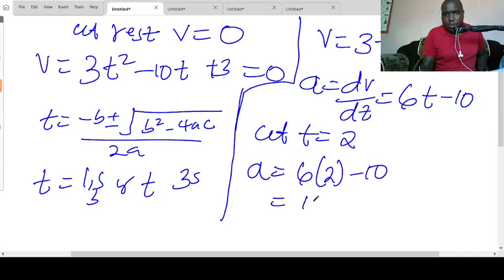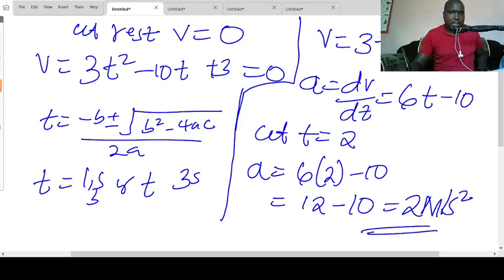And this one will be 12 minus 10, and this one will be 2 meters per second square. Because acceleration is written in meters per second square. Very important.